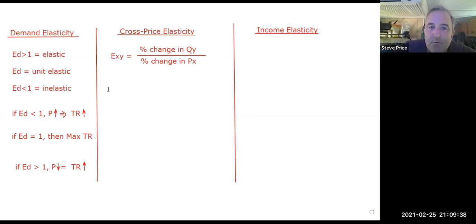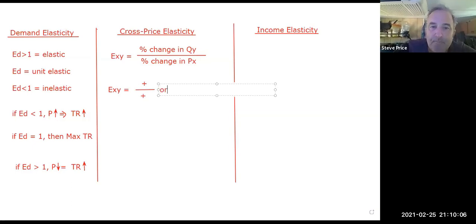And so let's think this through logically. E sub XY equals, and let's do an example here. So if I have an increase in the price and then a percentage increase in the quantity of another, let me just finish these notes and let me explain their significance.